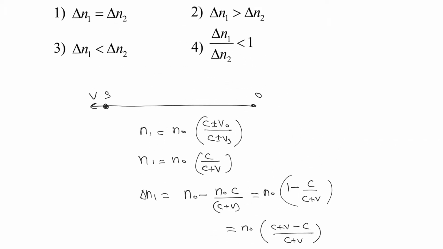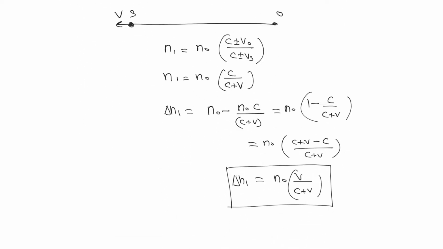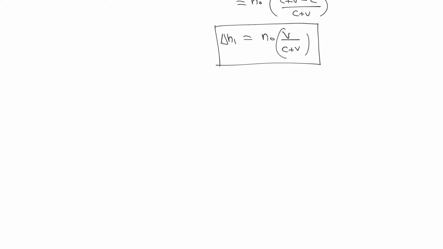In the same way, we can find the change in frequency in the second situation. It is given that the observer approaches a stationary source with the same speed v. Assume that the source is at rest and the observer is moving toward the source with velocity v.